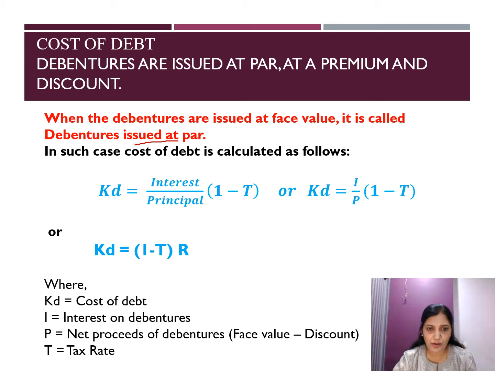Where KD is cost of debt, I is interest. Again, you can reduce the formula like this, I by P into 1 minus T, or it can be KD equals 1 minus T into R. Where I is interest on debentures, P is the net proceeds of debentures, face value minus discount, and T is the tax rate.